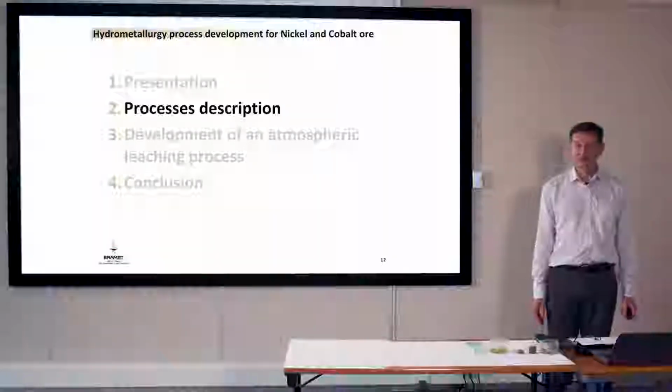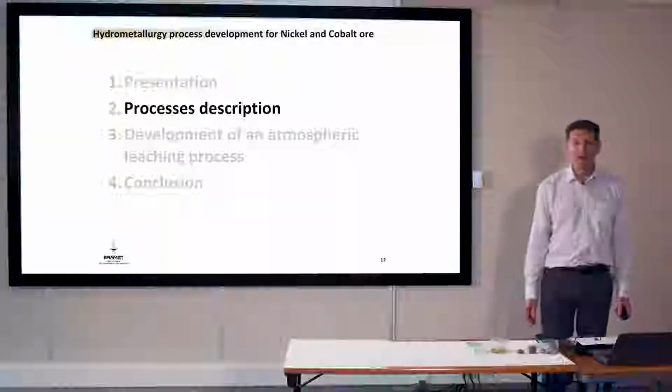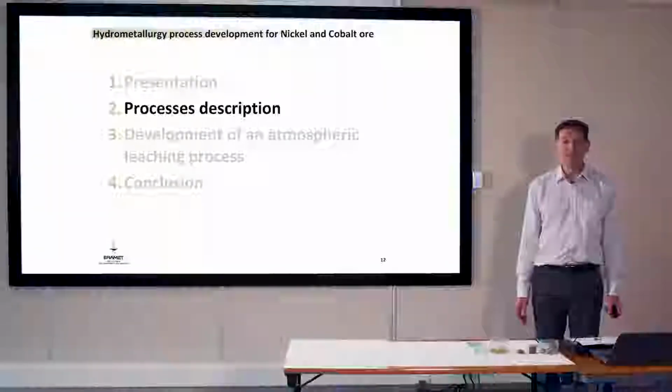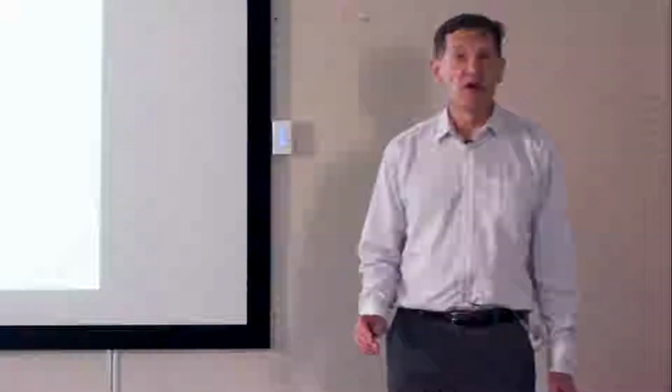Welcome to this second part of the open courseware dedicated to the hydrometallurgy of nickel ores. This part will be more dedicated to the presentation of a flow sheet of different processes.